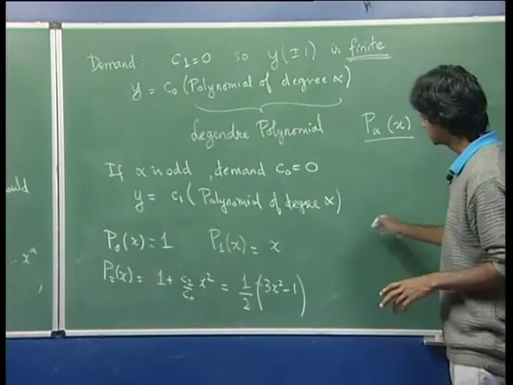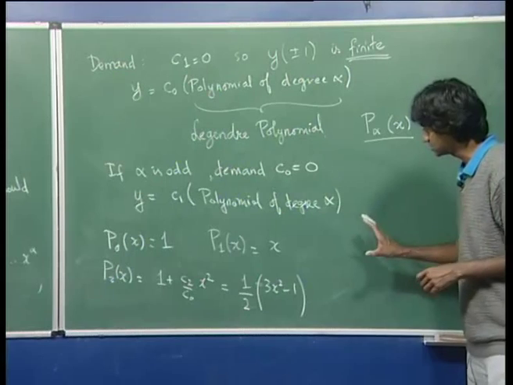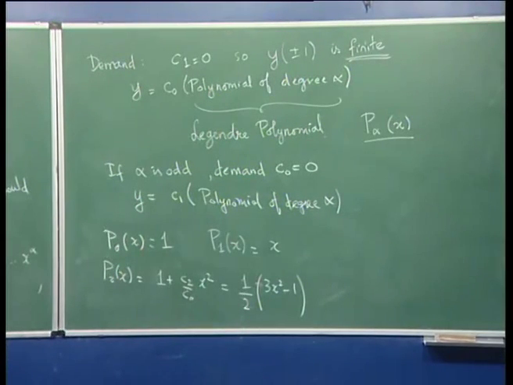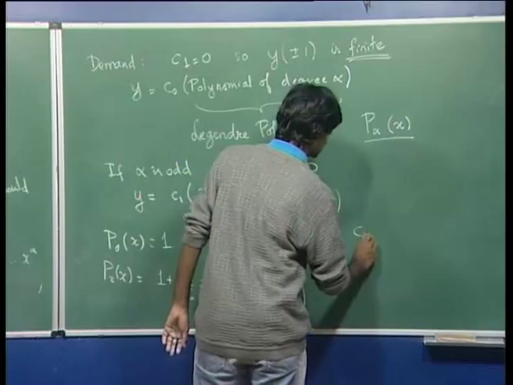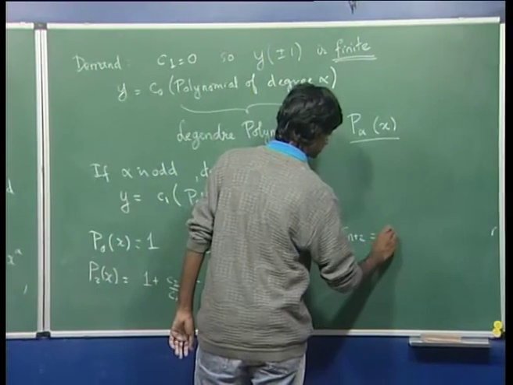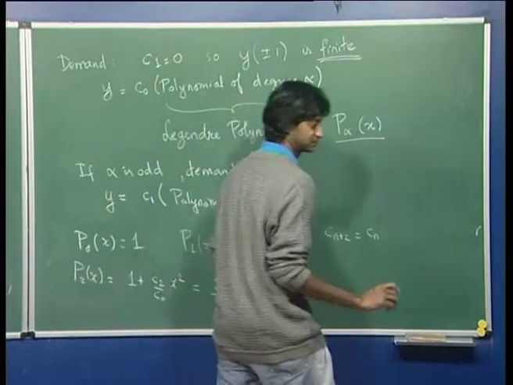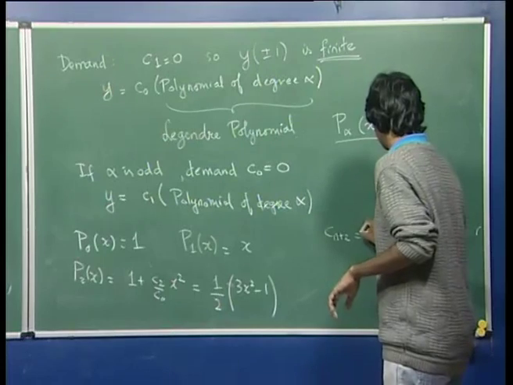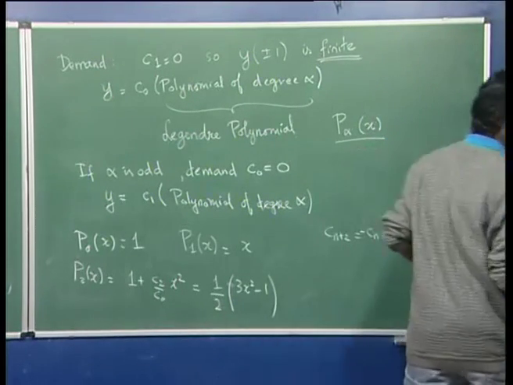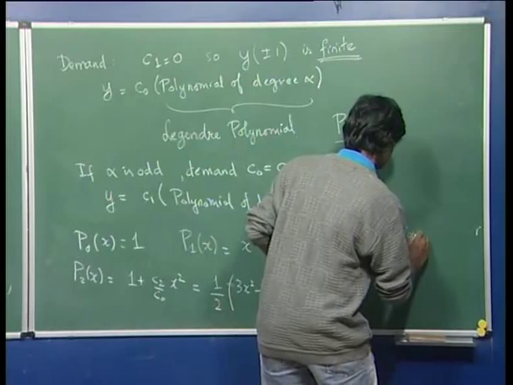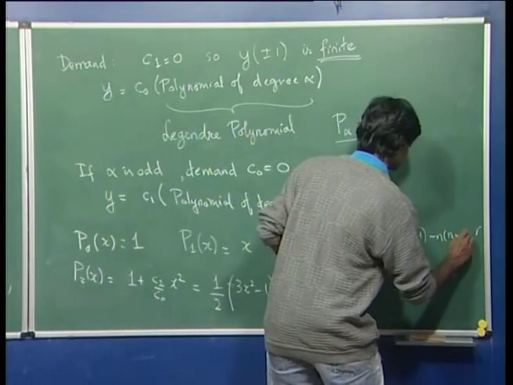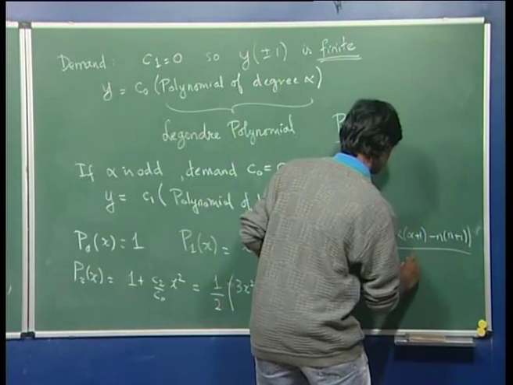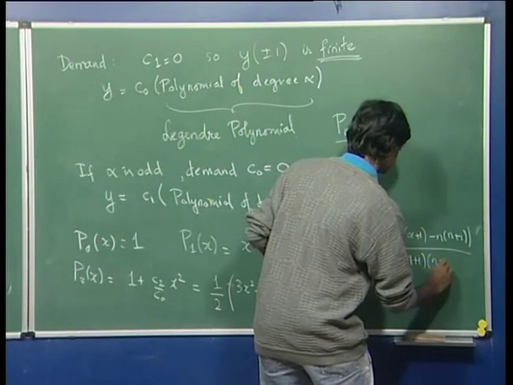There are many interesting properties that you can derive. These are just based on the recursion relation, and I just want to remind you the recursion relation was a relation that related Cn plus 2 equal to Cn times something. And that something was minus alpha plus 1 minus n plus 1 divided by n plus 1 n plus 2.